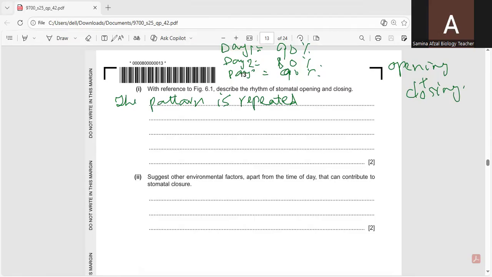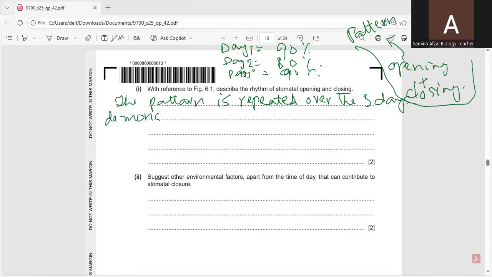So this pattern is repeated over the 3 days, demonstrating a cyclical and regulated process.